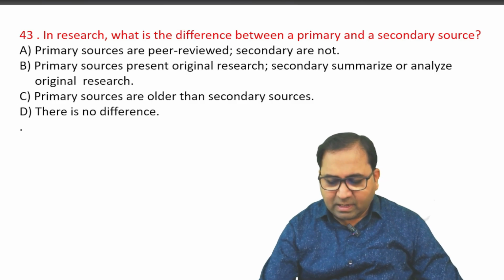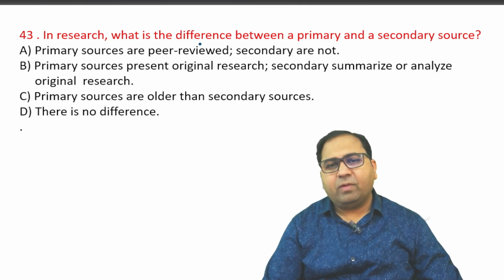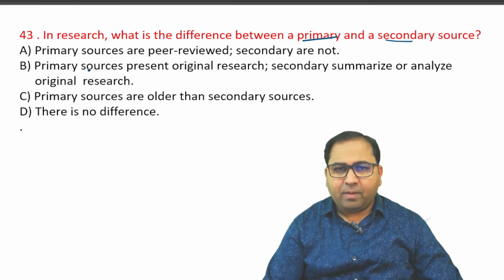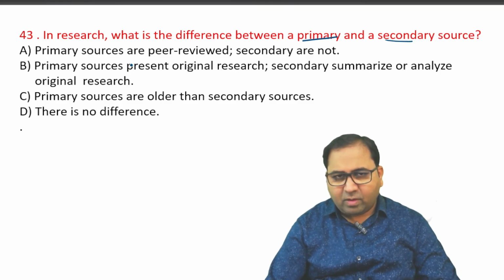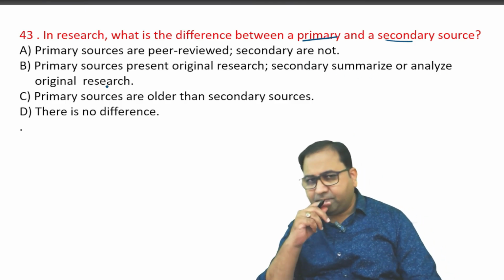So next question. In research, what is the difference between a primary and a secondary source? Options are A. Primary sources are peer reviewed whereas secondary sources are not. Option B. Primary sources present original research, secondary summarize or analyze the original research.